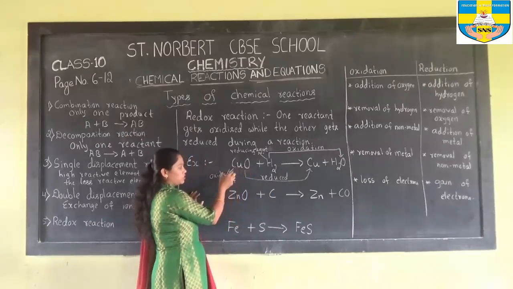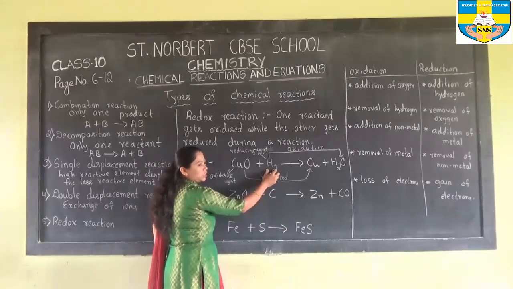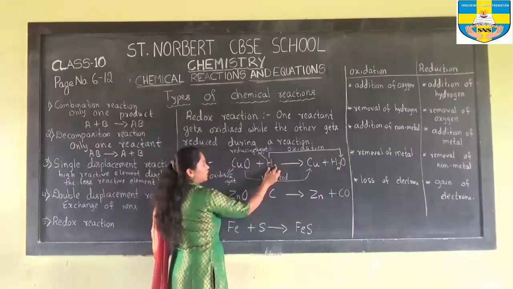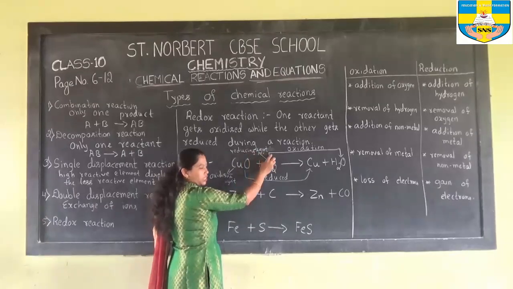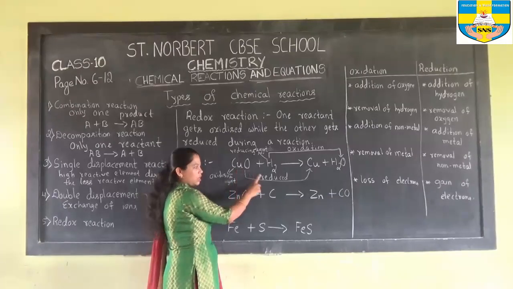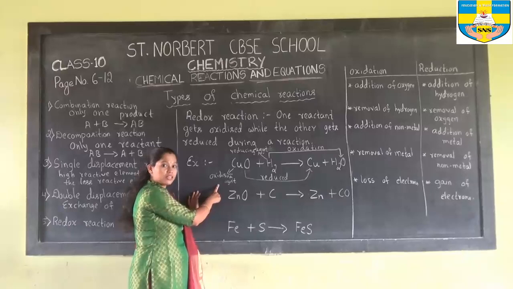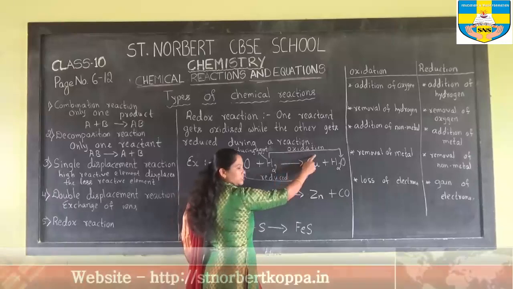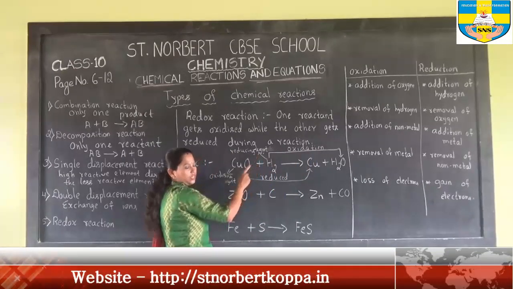The same substance is the oxidizing agent. Like that, the hydrogen undergoes oxidation and forms H2O. The hydrogen helps to reduce the CuO. So the hydrogen is also a reducing agent. So in this reaction, CuO is the reduced substance as well as the oxidizing agent, such that H2 is the oxidized substance, and H2 is the reducing agent.